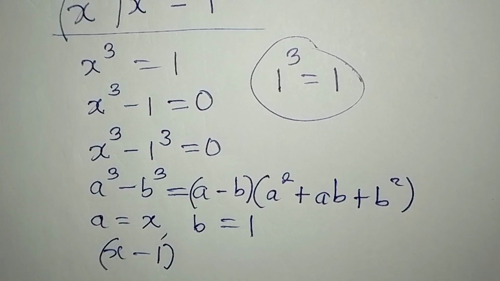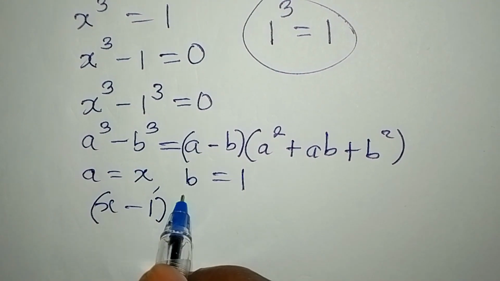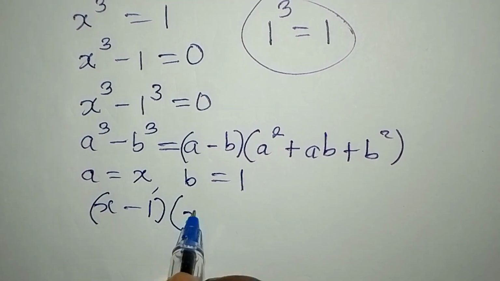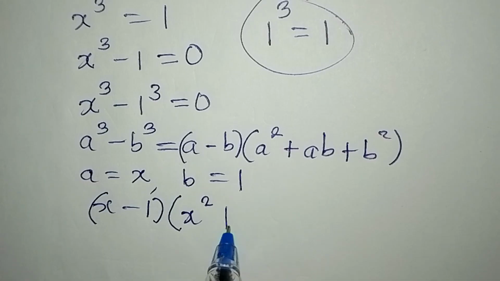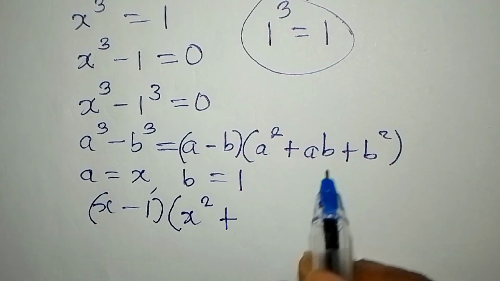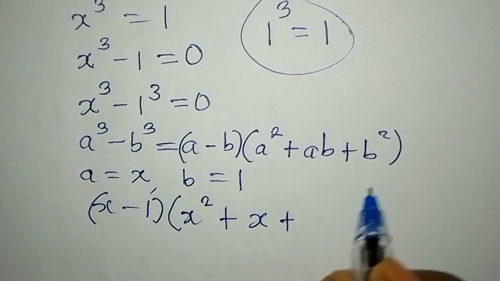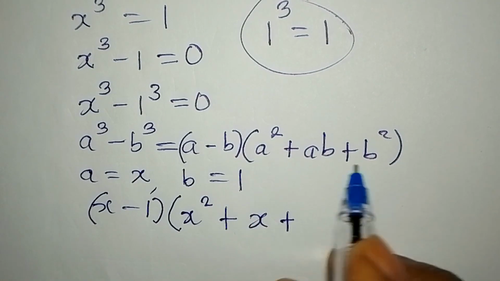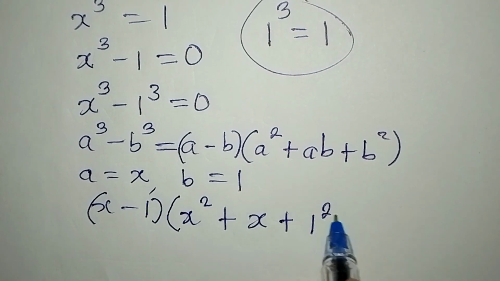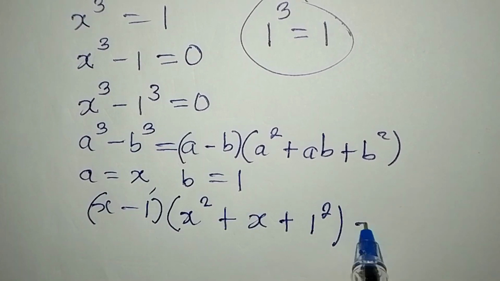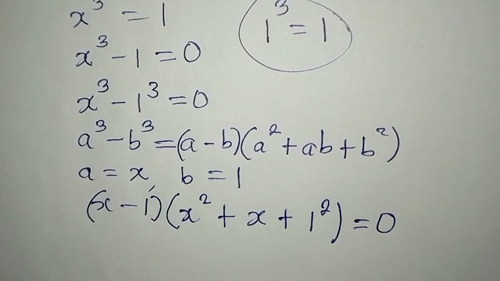So we close that. Then a squared becomes x squared, plus ab becomes x times 1, and that is x, plus b squared, that will be 1 squared. Close this and equate to 0.